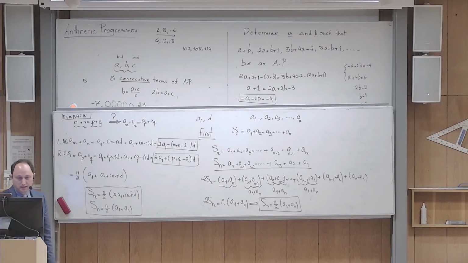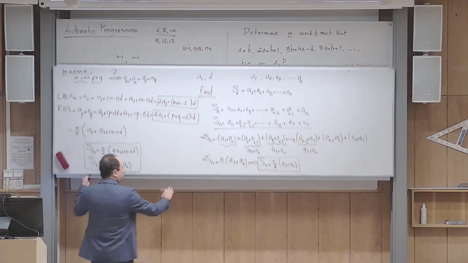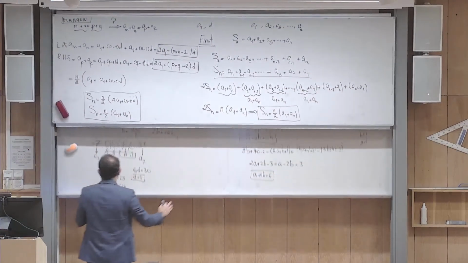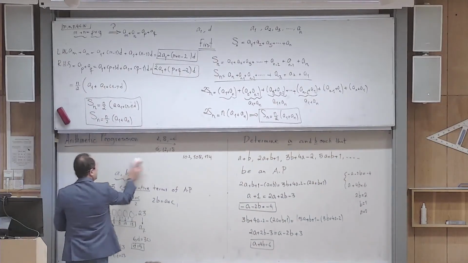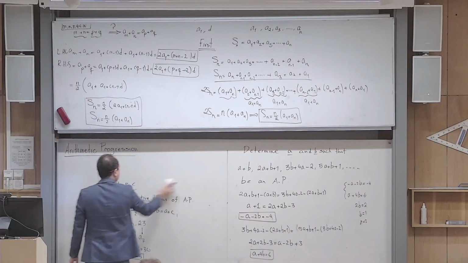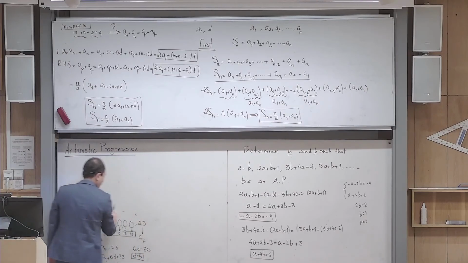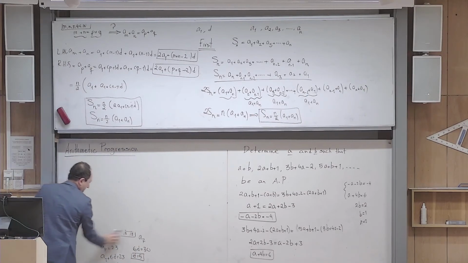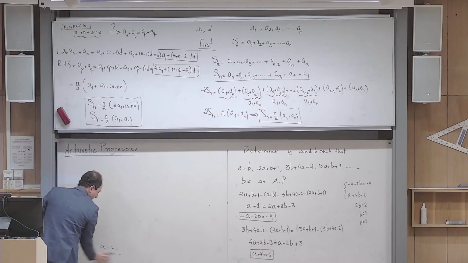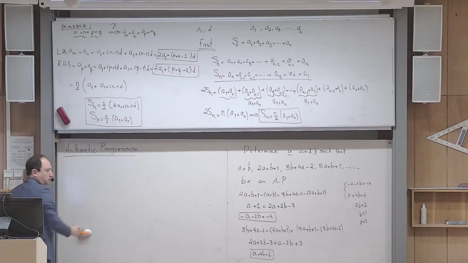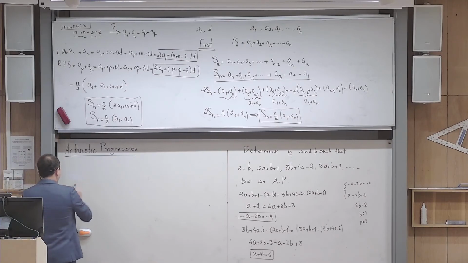55, okay. Okay, so let me just give an example here. What is the sum of the first 20 terms of the following sequence? This is a very standard and simple question.